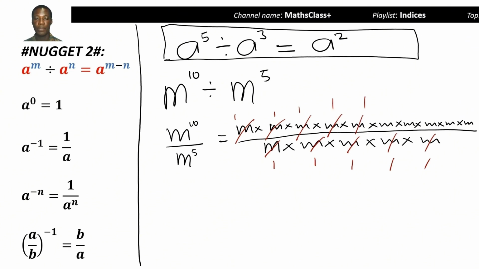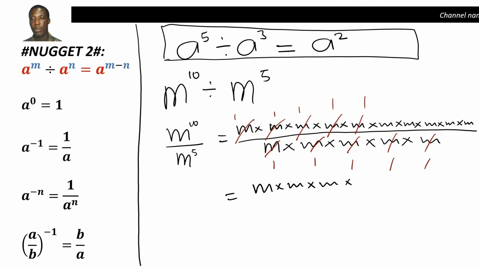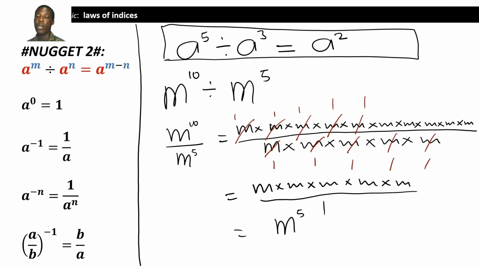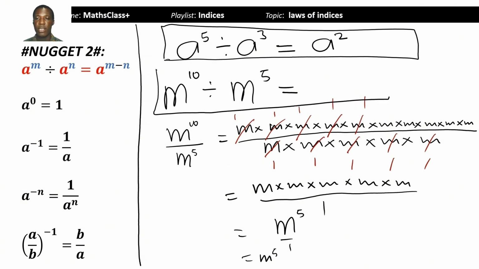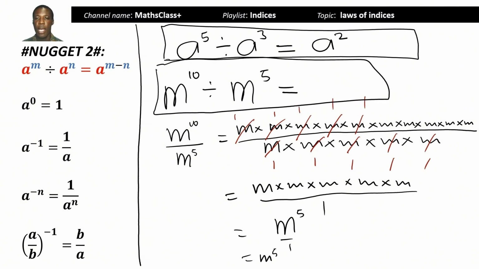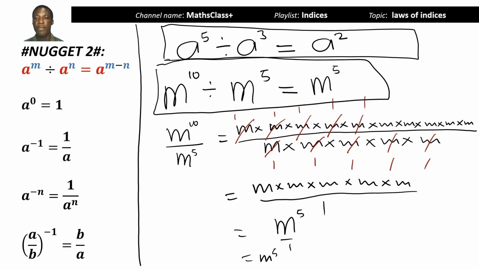This gives me m times m times m times m times m, so I have 1, 2, 3, 4, 5 left, divided by 1, which gives me m to the power 5 over 1, which is equal to m to the power 5. Okay, so this second example also gives us the result m to the power 5.